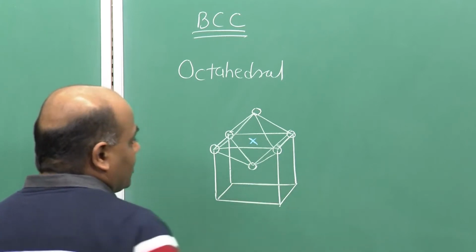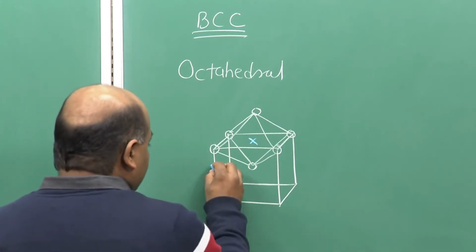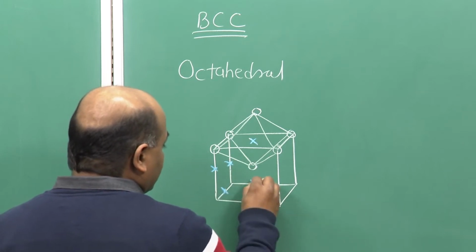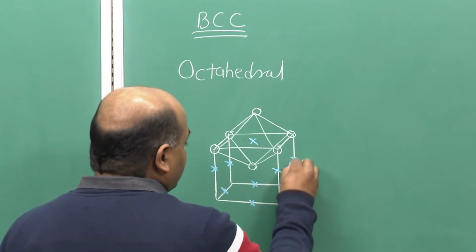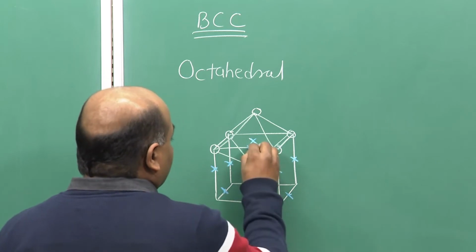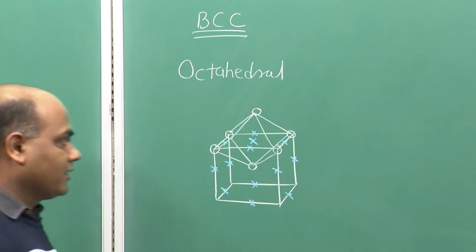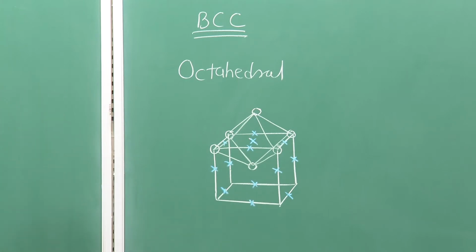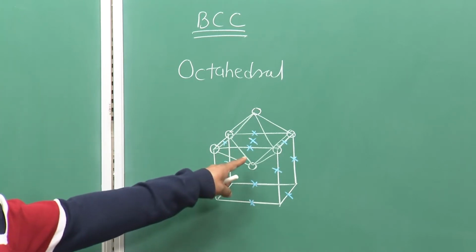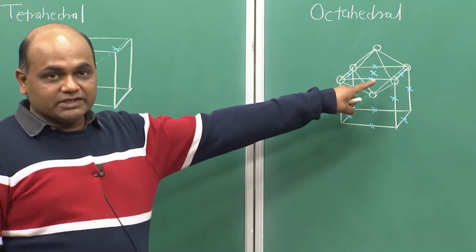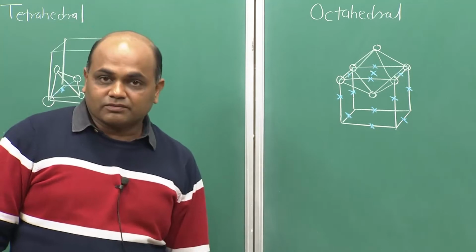Similarly, there will be other octahedral positions at the center of the edges. So, the octahedral sites in BCC are on the centers of the faces and centers of the edges.